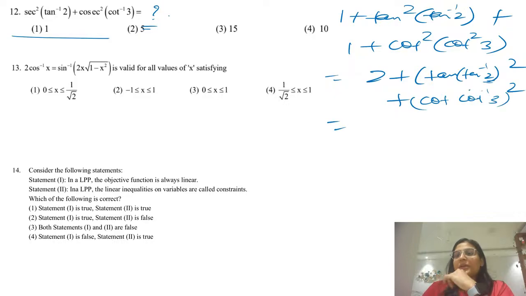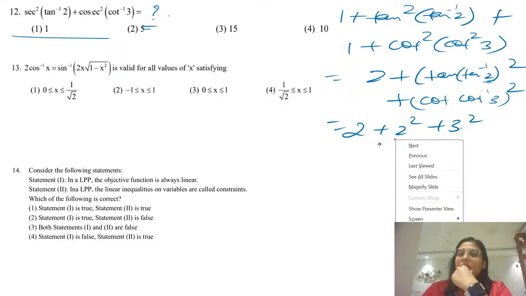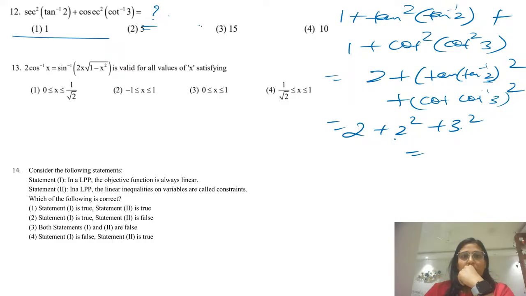In its domain, tan inverse x takes all real values, so we can say 2 plus 2 square plus 3 square. Same with the cot also. So 9 plus 4, 9 plus 6, 15. 15 is the correct answer here.